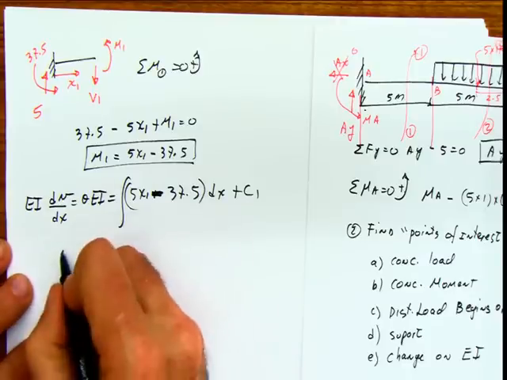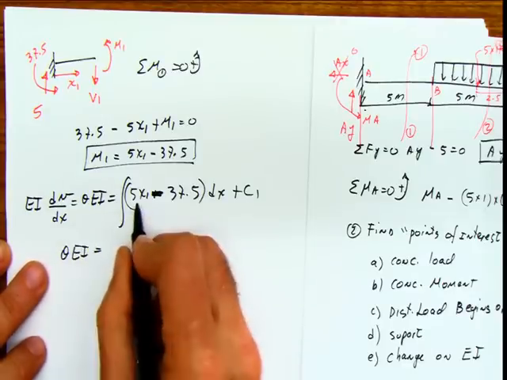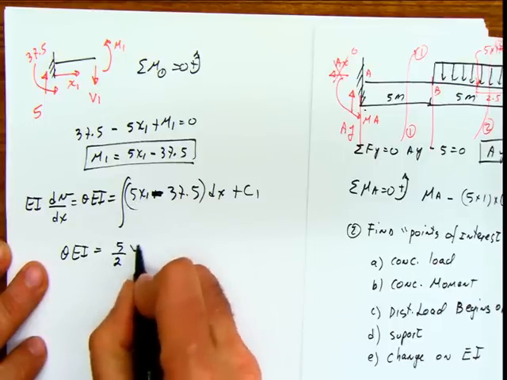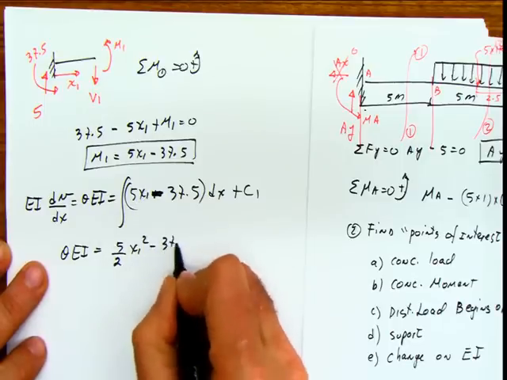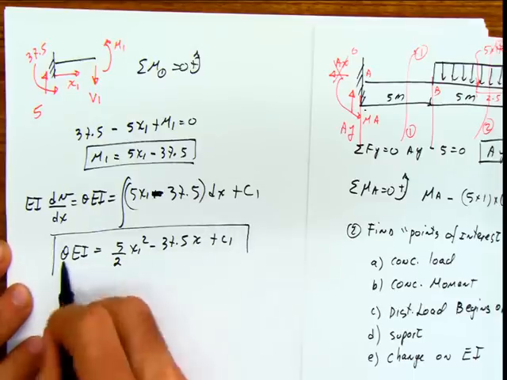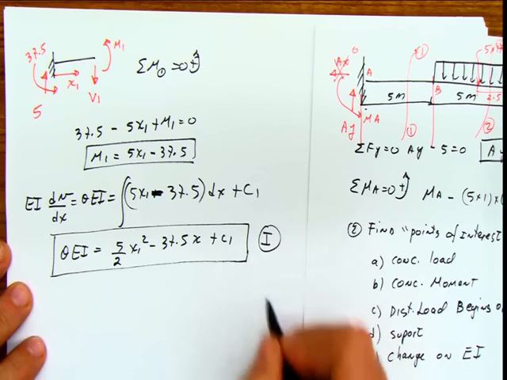So we solve for this, and we have the slope is equal to 5/2 x1 squared minus 37.5x plus c1. I'm going to keep this equation here, and I'm going to call that equation 1.